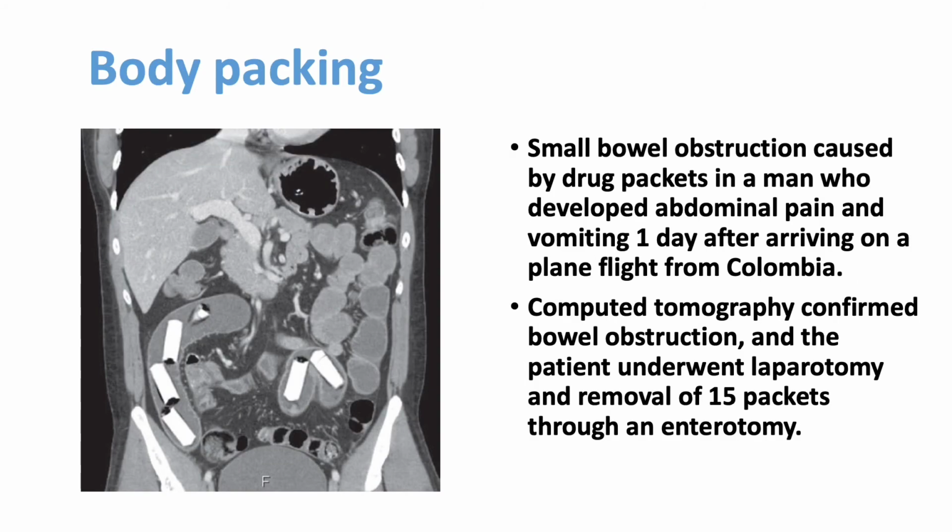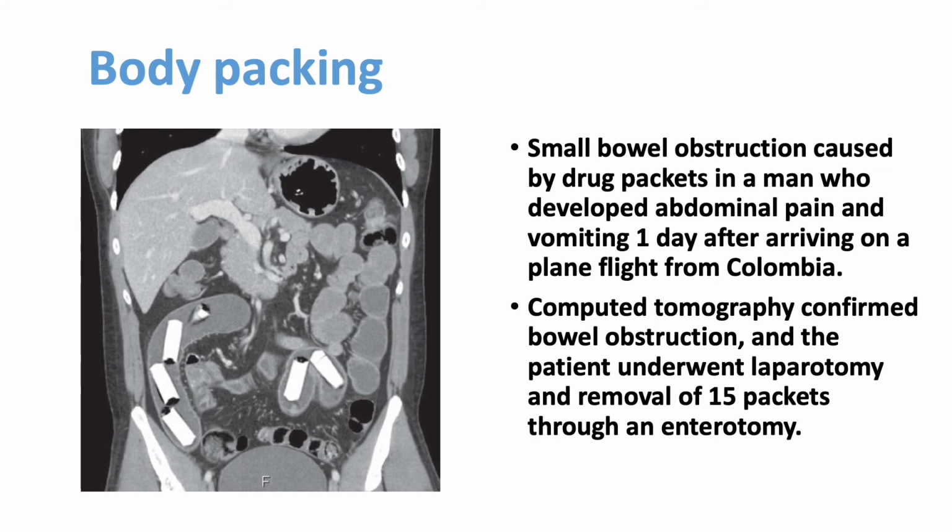Now another important aspect of toxicology in emergency room is body packers. Here you can see a patient who had severe abdominal pain and vomiting one day after arriving from Colombia. So whenever we have abdominal pain, normally we can take X-ray abdomen, or we can go for CT itself.